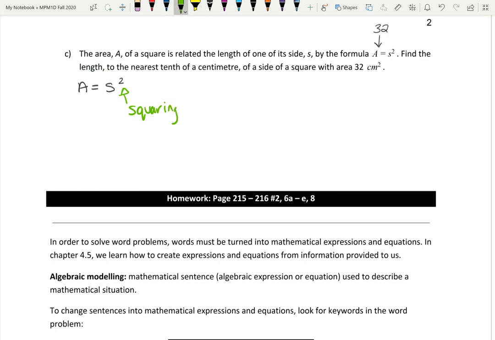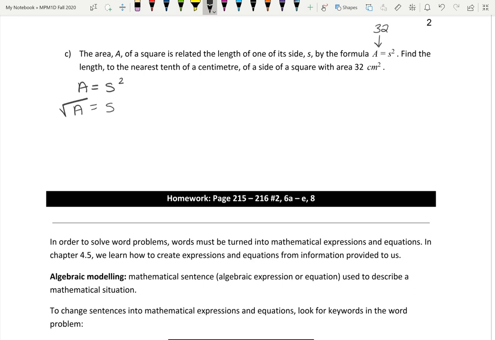So the opposite of squaring is square rooting, which is like that. Okay, so when I'm bringing over my square to the other side, it becomes its opposite operation. And you're going to square root the term that's on the other side of the equal sign, which is A.